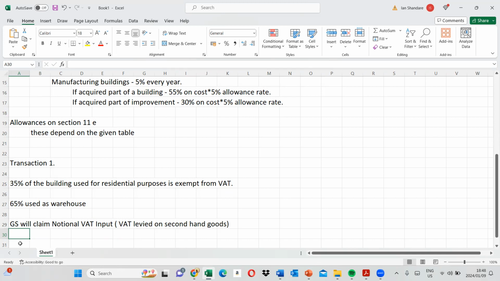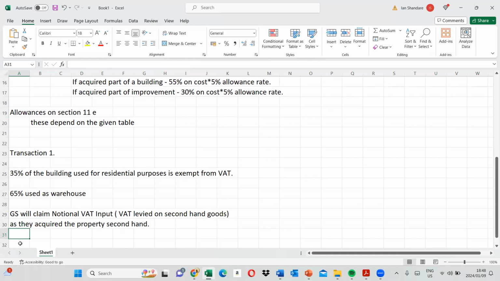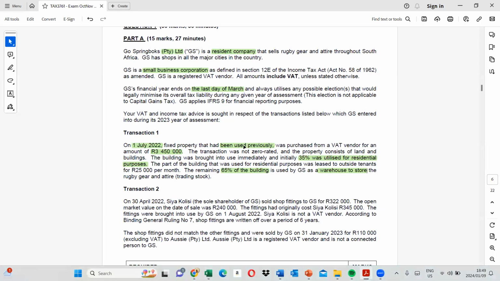When somebody buys second-hand goods, we claim notional VAT input. So you write: GS will claim notional VAT input as they acquired the property second-hand. They bought it second-hand. So in this regard, you state that.